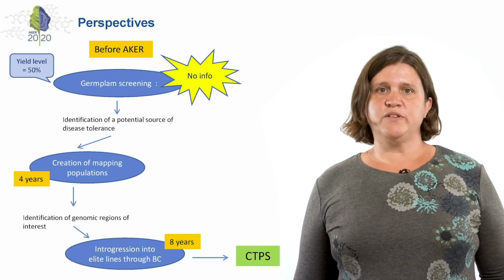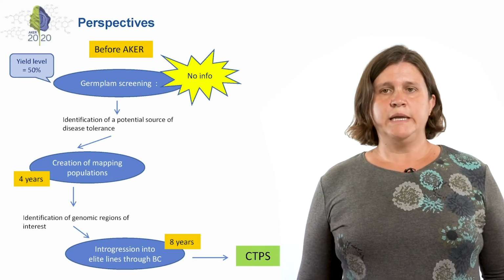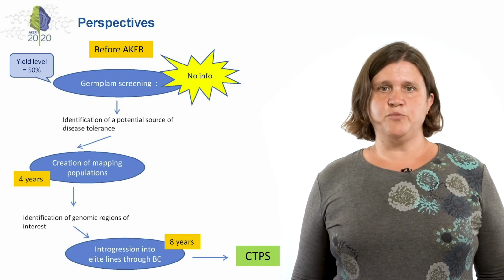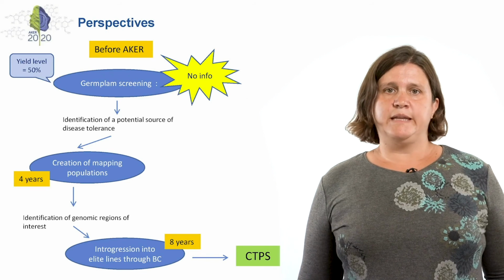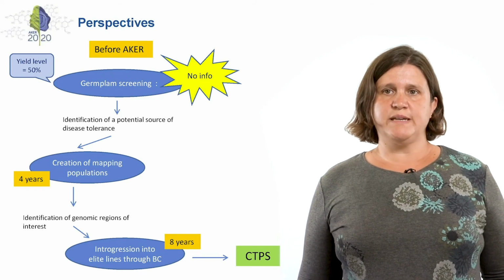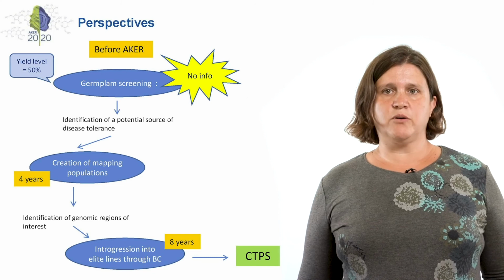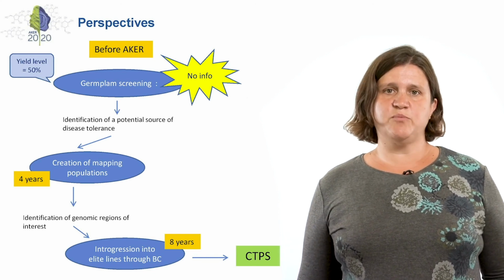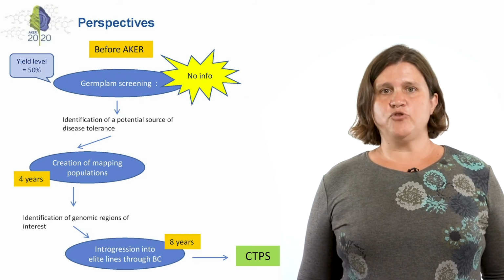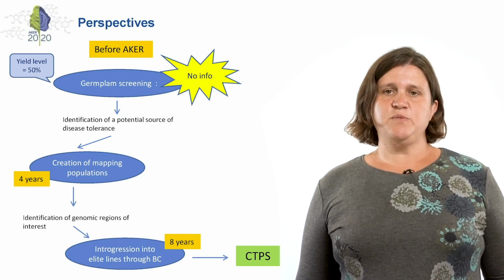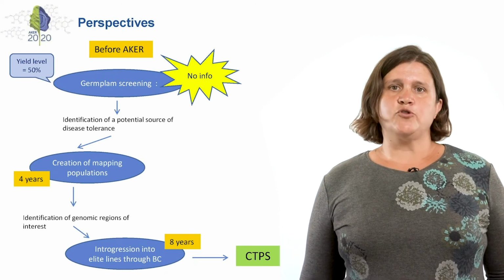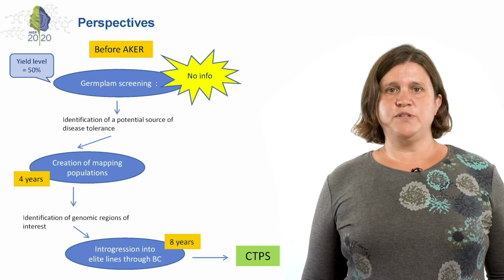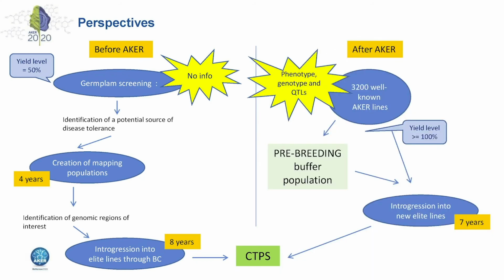We first had to screen the material to identify a new resistance, for example, introduce it into mapping populations to find the genomic regions of interest, and only then be able to follow this integration into new elite material from the backcross program. A long and laborious process, over 12 years before being able to submit a candidate to the CTPS, and not always rewarded because the phenotypic criteria measured on wild material are not always confirmed once integrated into an elite and cultivated genetic background.